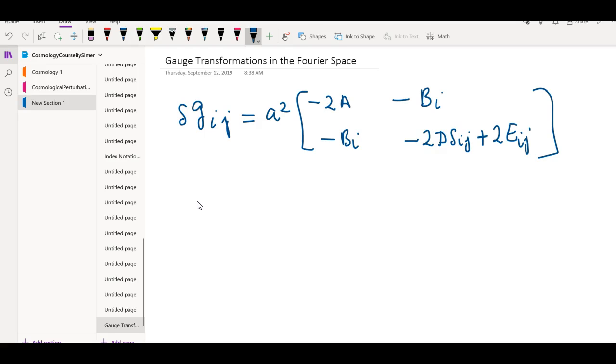Now, from gauge 1 to gauge 2, we have defined the coordinate transformation, which is done through a gauge transformation vector.